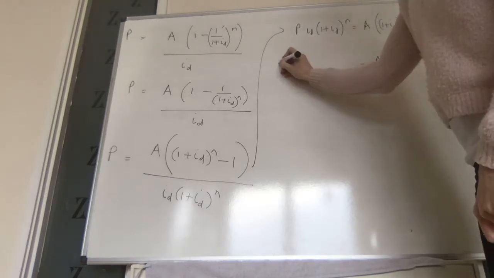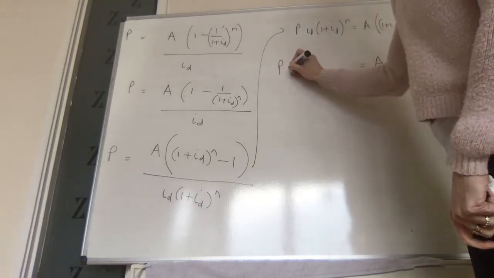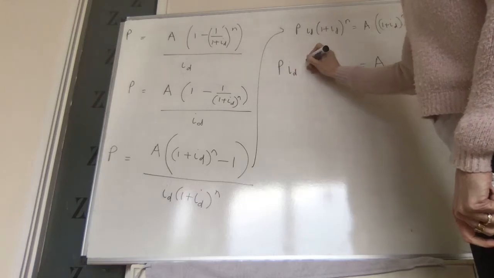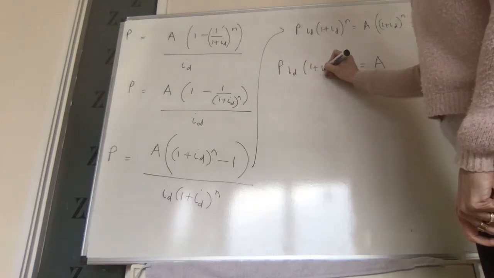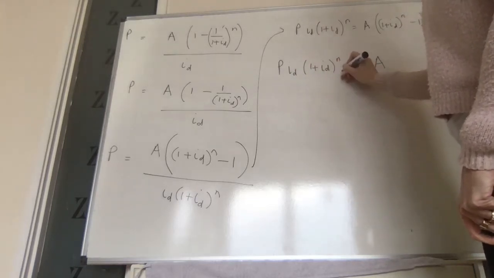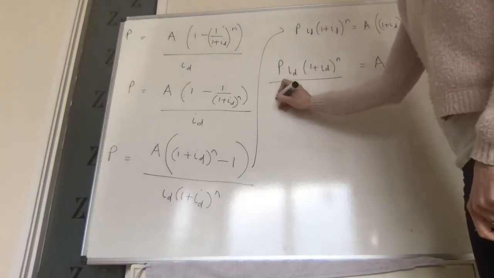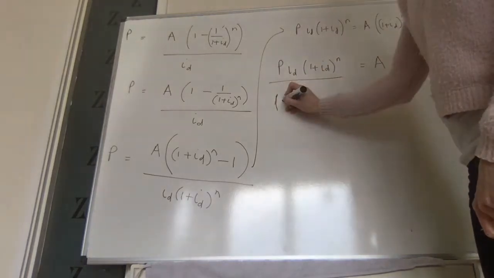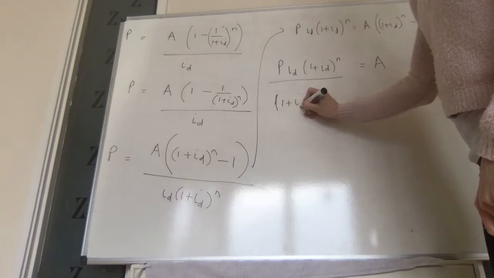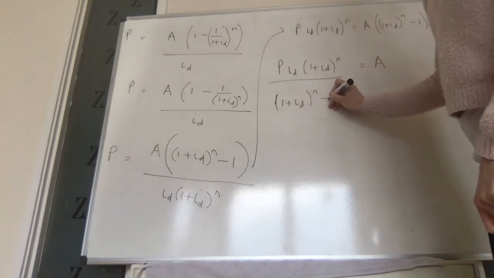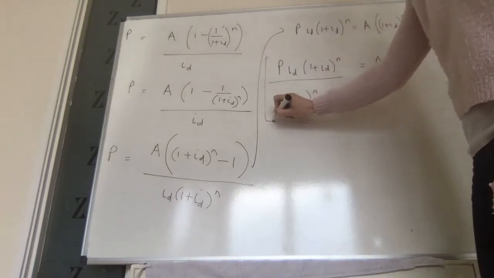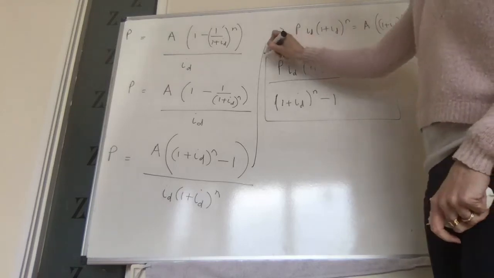So A is equal to P times the interest rate as a decimal times 1 plus the interest rate as a decimal to the power of n over 1 plus I to the power of n minus 1. And that's the formula that is in your log tables.